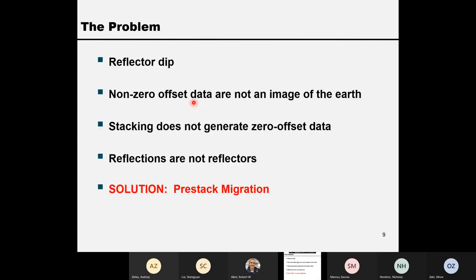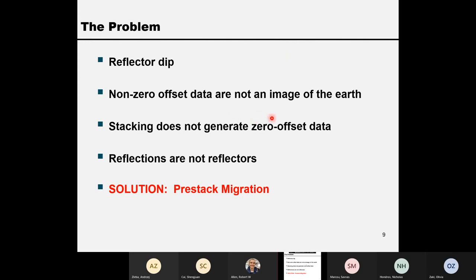That's the problem. Let's summarize the problem for the sequential processing, stack plus migration. First of all, the reflector is not necessarily horizontal flat, right? And the non-zero offset data is not the image of the subsurface.